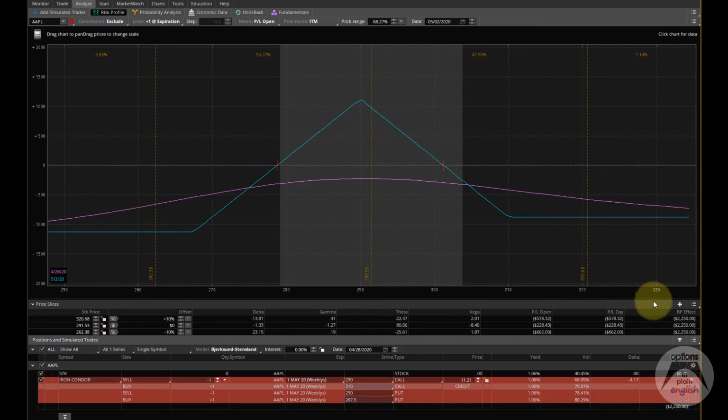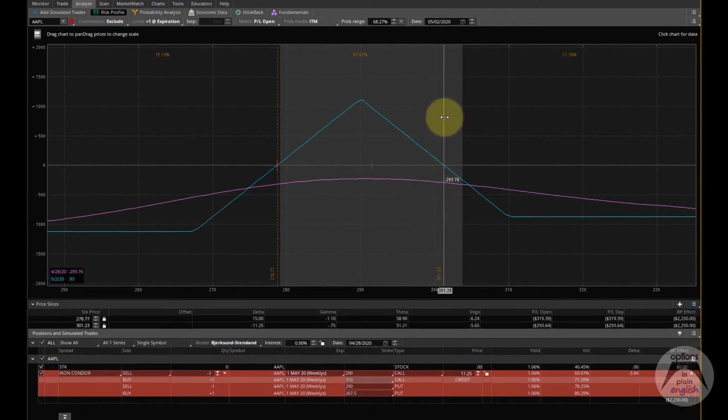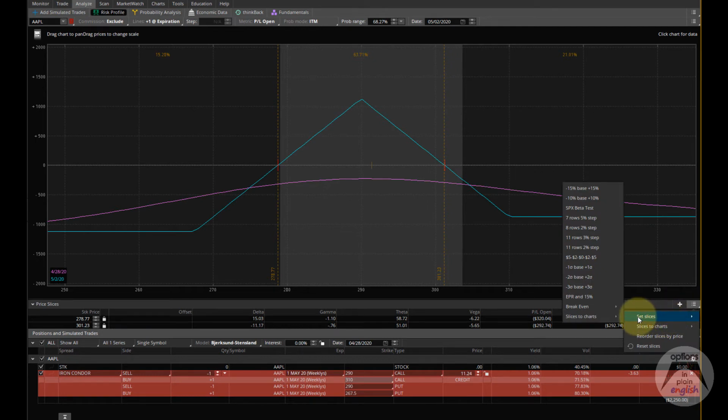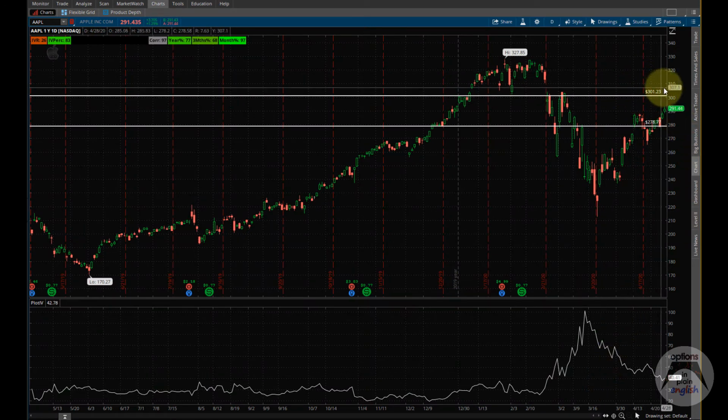Now, if we want to see graphically where the profitable area is, I can just get the break evens from here. Okay, those are the break evens, these lines, and I can see them superimposed on the actual chart. So if I go here, this is the profitable range.